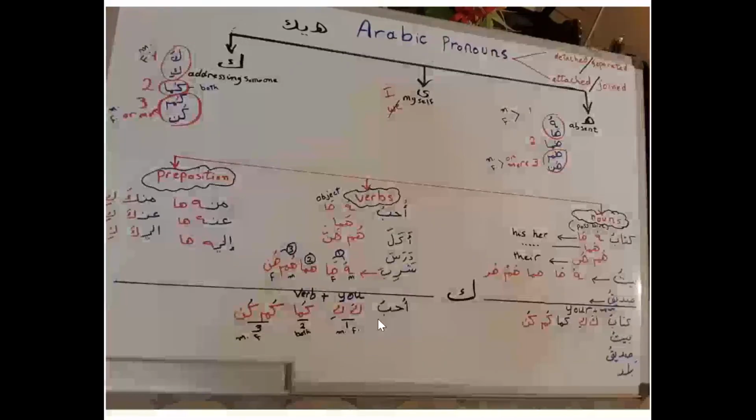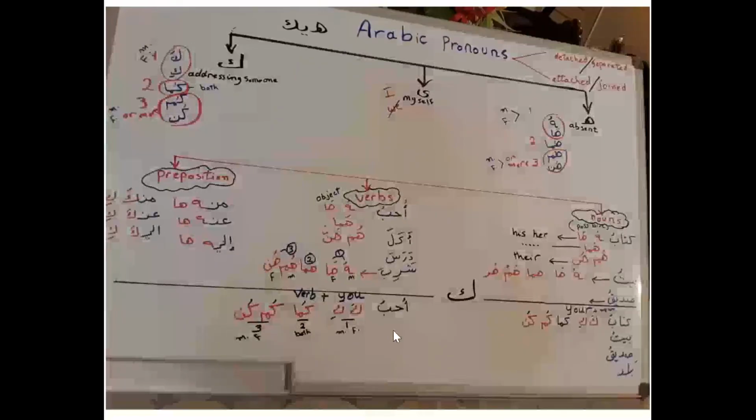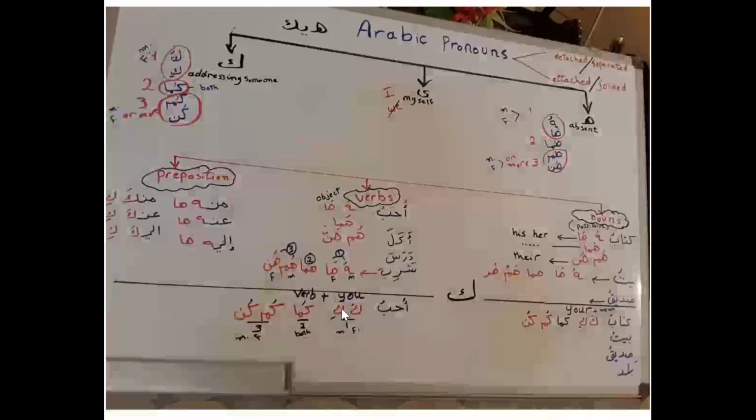أحبك, أحبكما, أحبكم, أحبكن. The first one, I love you. It is "you" for all the pronouns. We don't have another pronoun with details in English, but in Arabic we have these details.